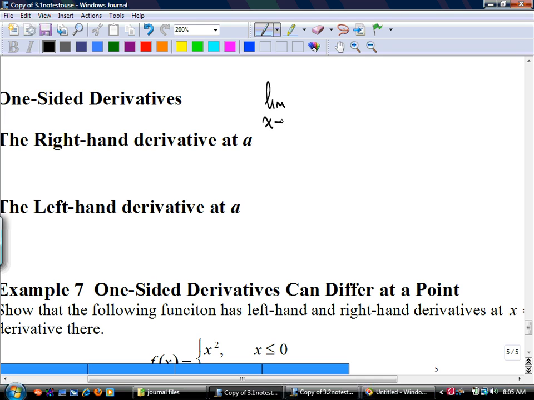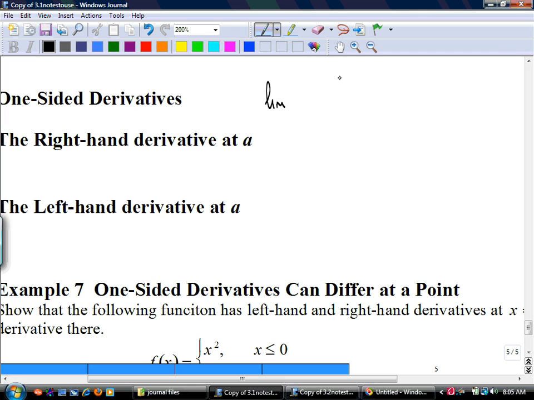Okay, the right-handed derivative. As x approaches a from the positive side. I guess I should draw a picture too, just so everybody knows what I'm talking about. No, I don't want to do it with a from the right, I want to do h.